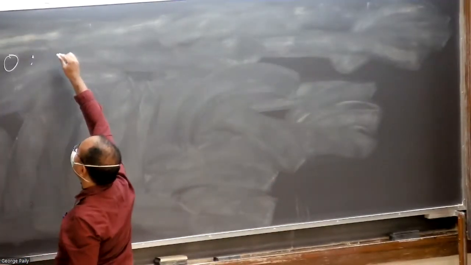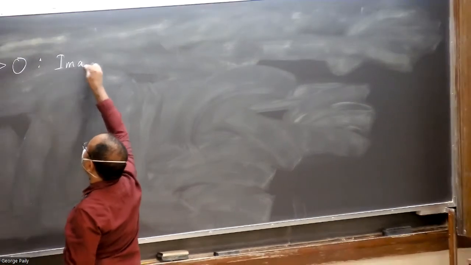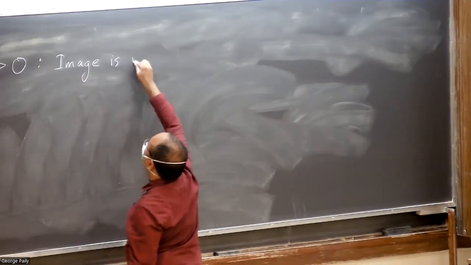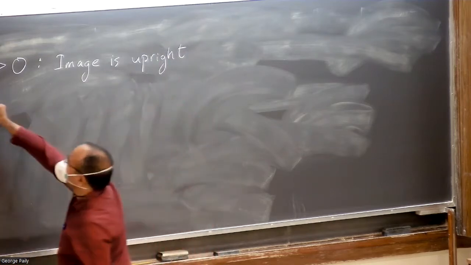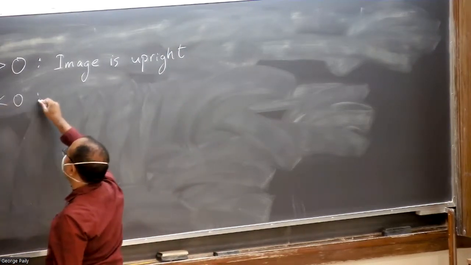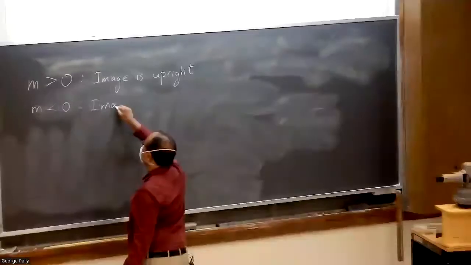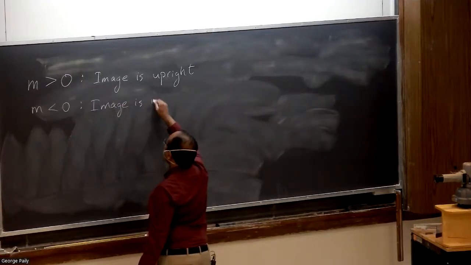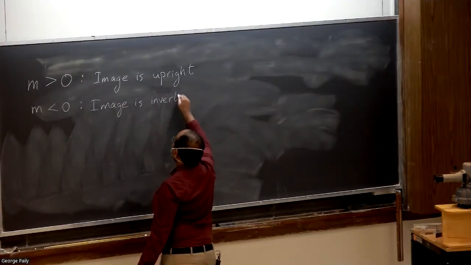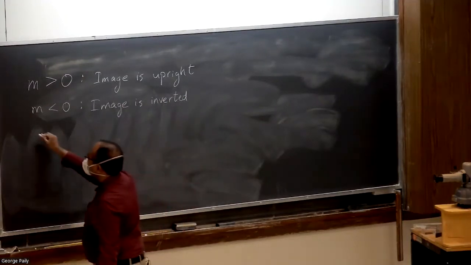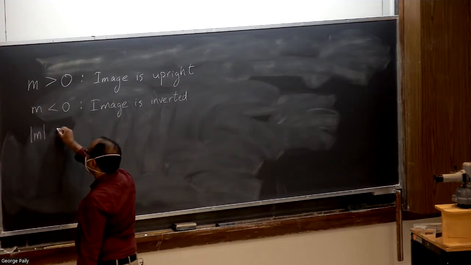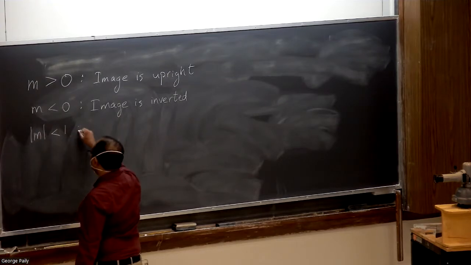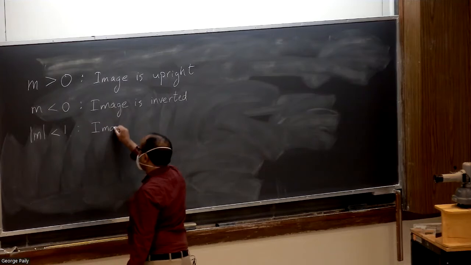If your magnification is positive, it's telling you the image is upright. If your M is negative, your image is inverted. If the absolute value of M is less than 1, the image is reduced.